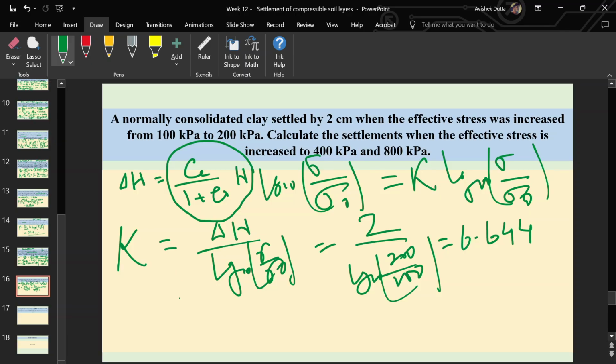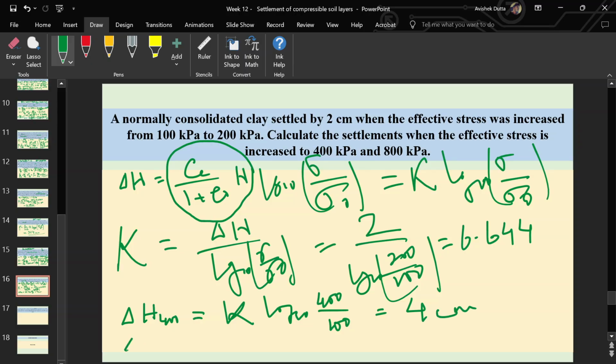Now in the next case, 400 kilopascal, delta H is k log to the base 10, sigma 1 is 400 and sigma 0 is 100 initial. The value of k is 6.64, approximately 4 centimeter settlement.